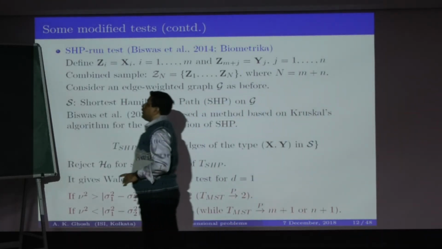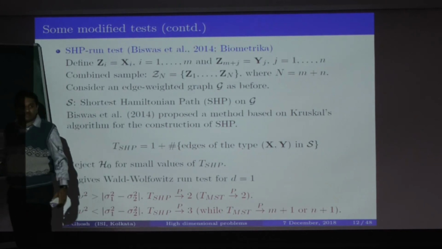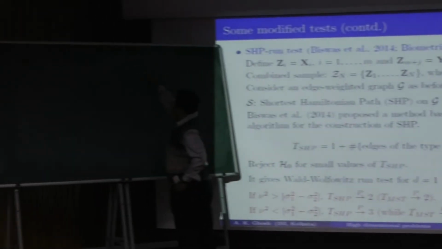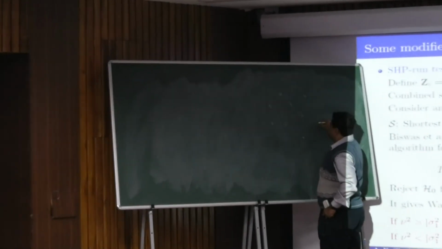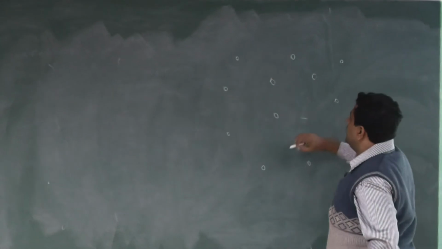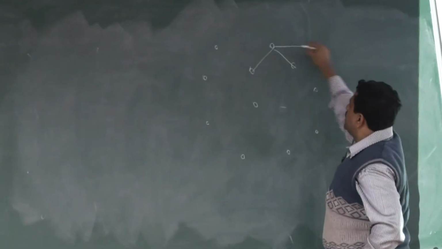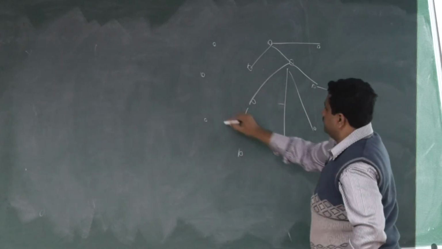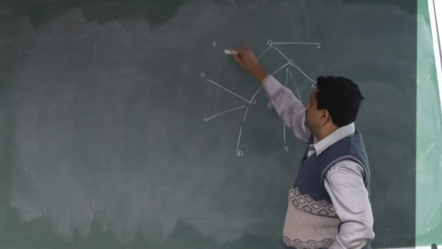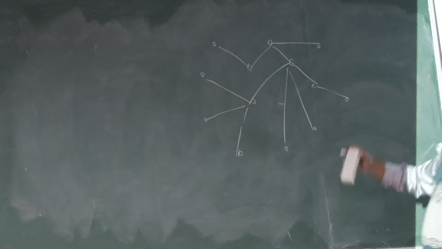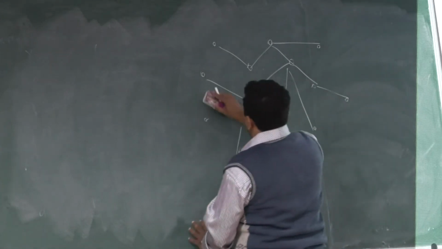Here I am not looking for a tree, but a path. Earlier, with nodes like this, I was looking for a structure like this. Now I am not looking for a structure like this, I am looking for a path.